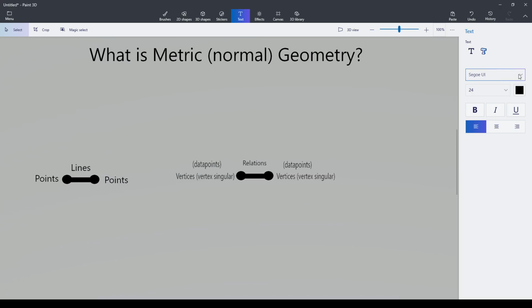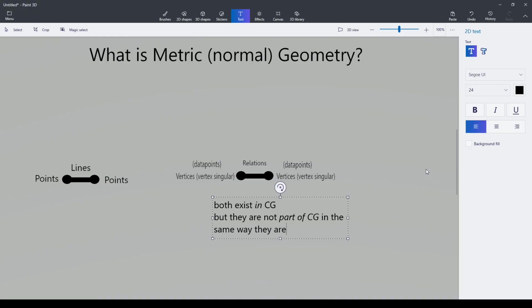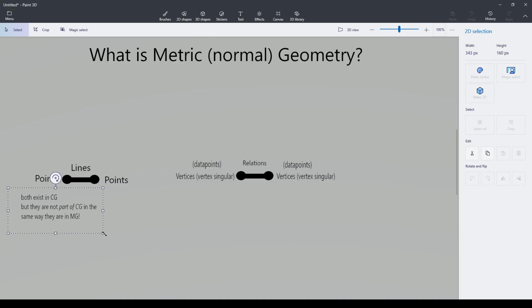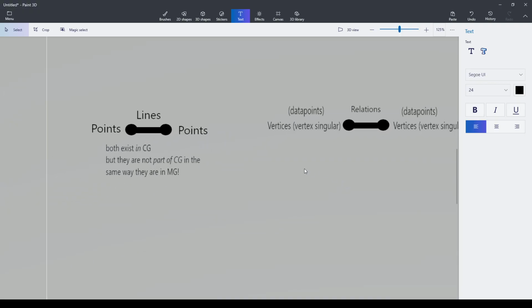Now, the thing is that points and lines both exist in conceptual geometry, but they are not part of conceptual geometry in the same way they are in metric geometry. Okay? And we'll get into why in a second.